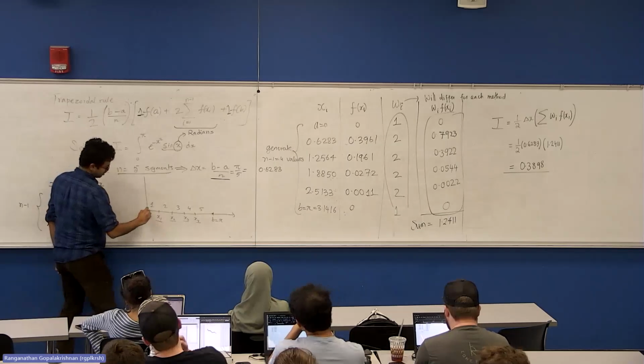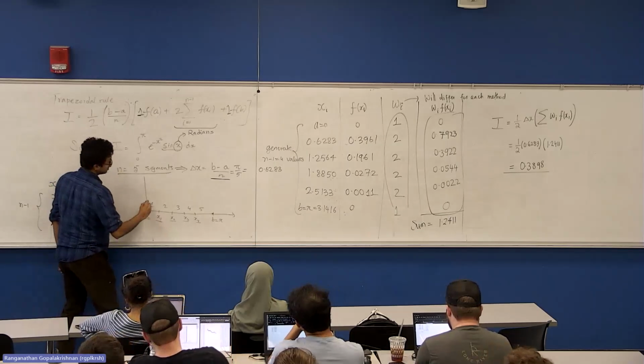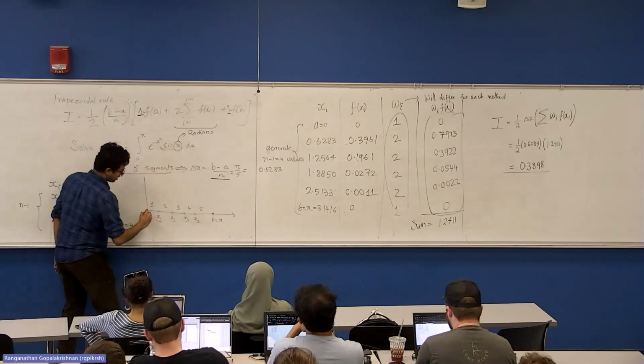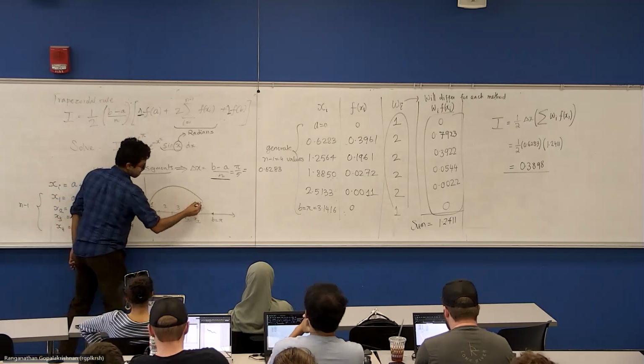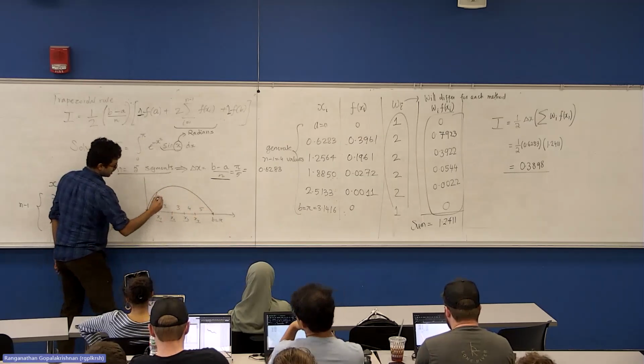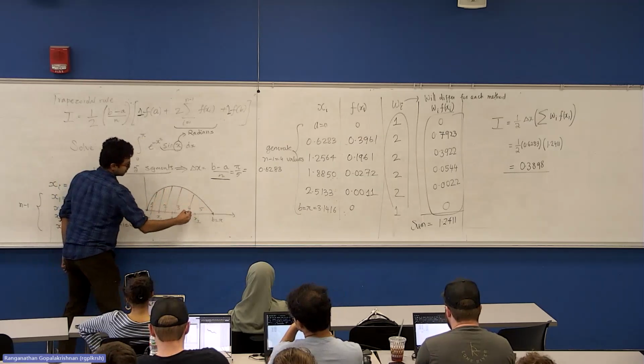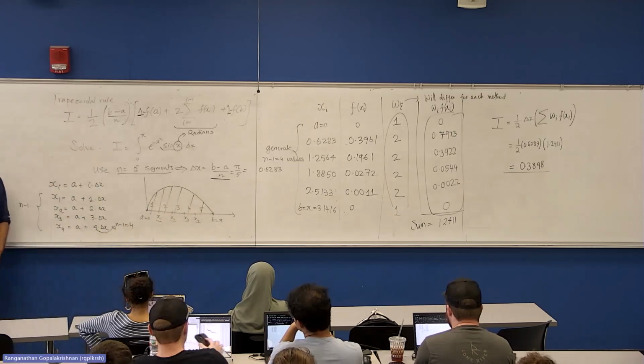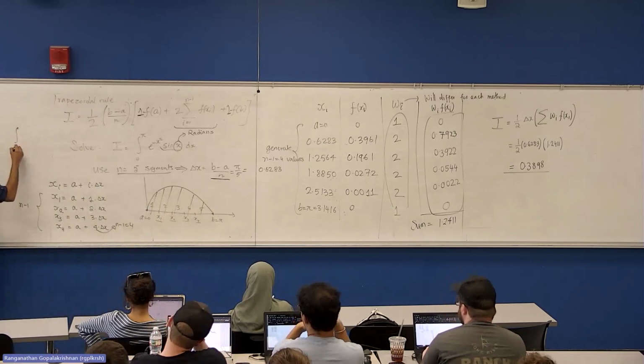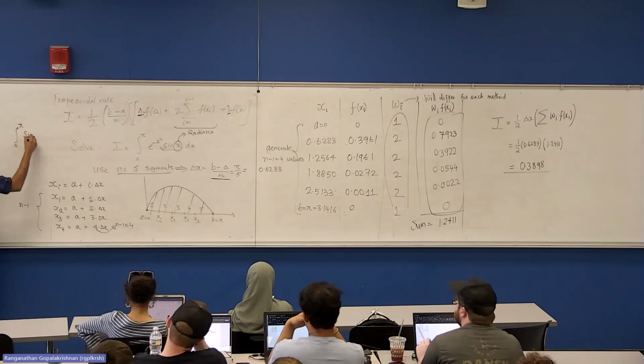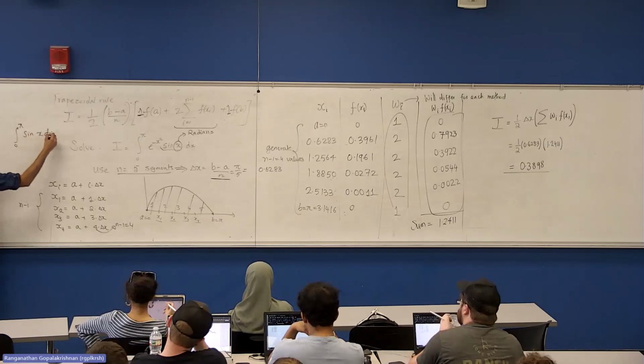If this integral were between 0 to pi, but only sine x, the graph looks like this. So what's the area under the sine x curve? Area under the sine x curve would be the integral from 0 to pi of sine x dx.